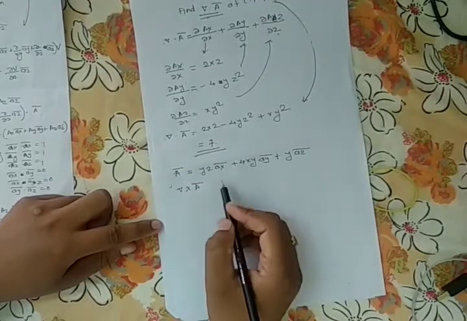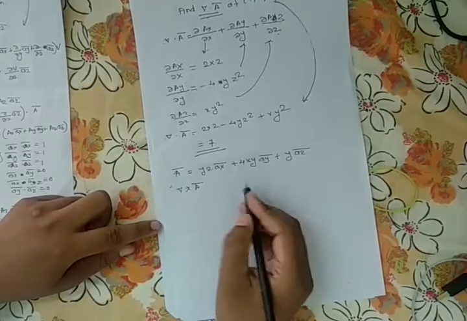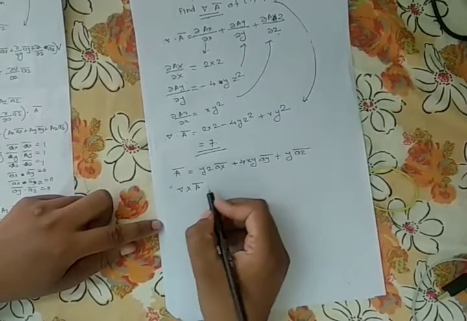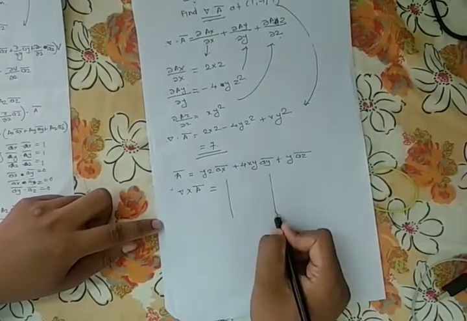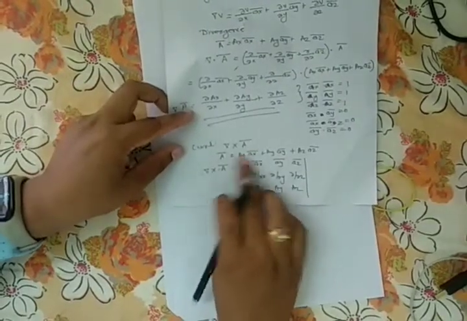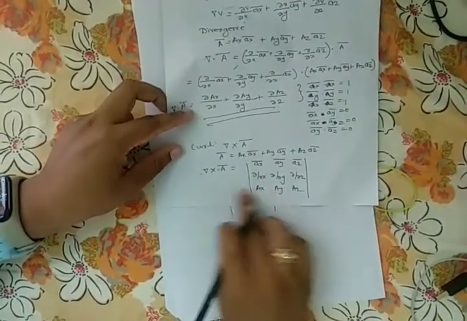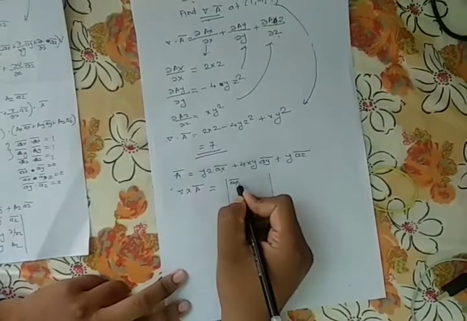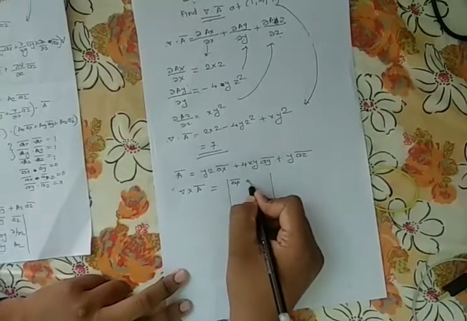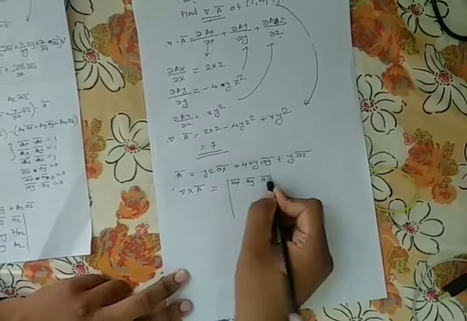Okay, right. So we have to find del cross A bar, that is the curl. So what is the procedure for calculating del cross A bar? We have seen here how to calculate del cross A bar. So del cross A bar is equal to, we have to write the unit vectors on the upper row: ax bar, ay bar, az bar.